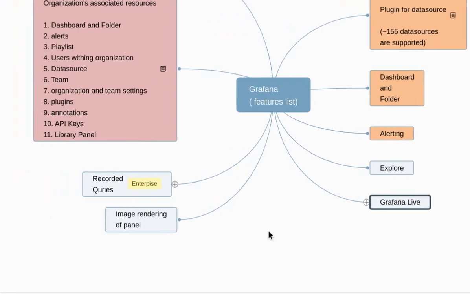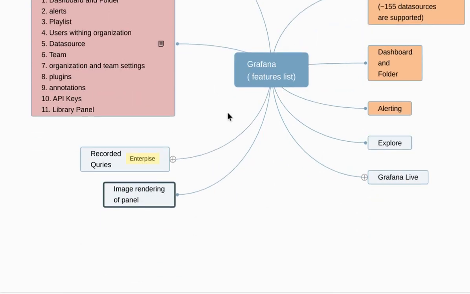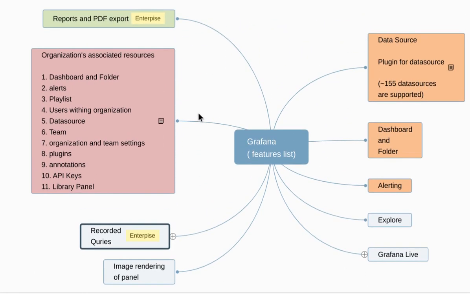For Grafana Live we have to open a couple of WebSockets, which we will see later. Of course, reports and image rendering for the visualization panels to attach in email or PDF files. Recorded queries to see the trends, how it happened yesterday and so on. If you want that kind of insight, we have to go for recorded queries.